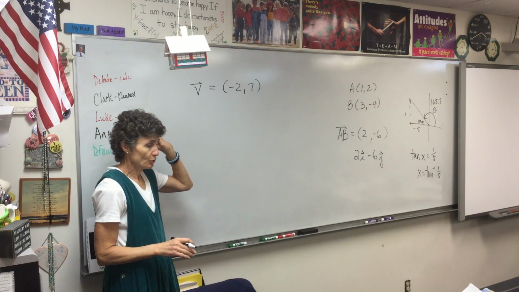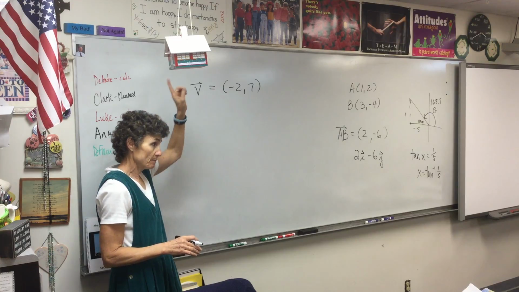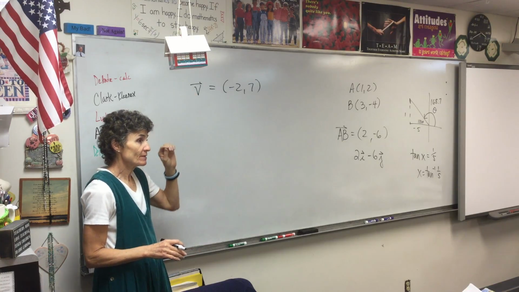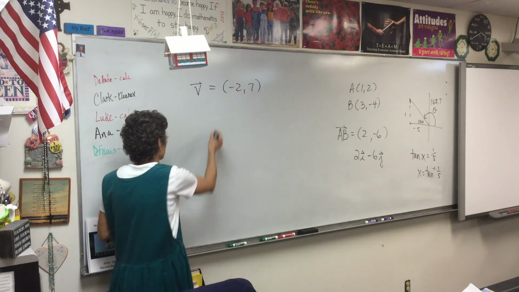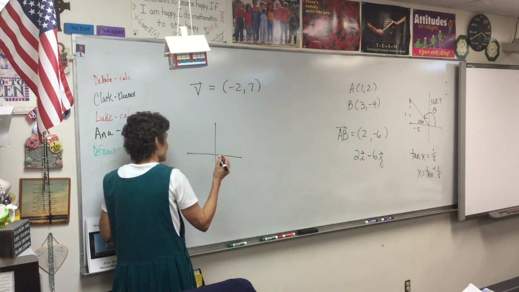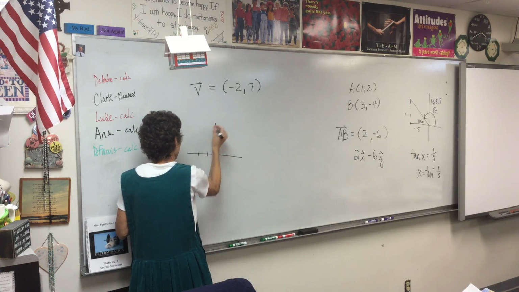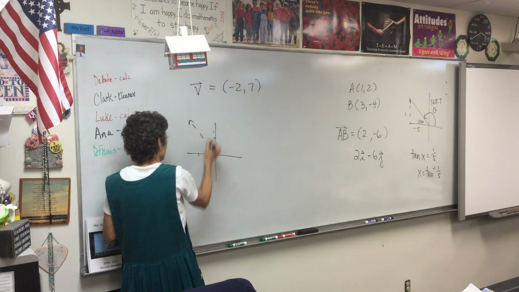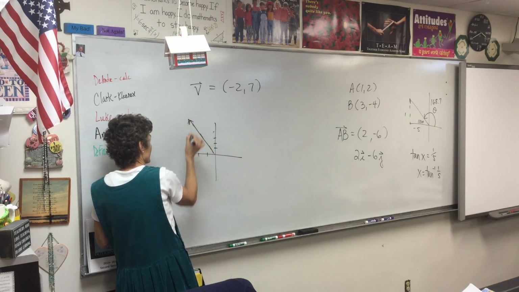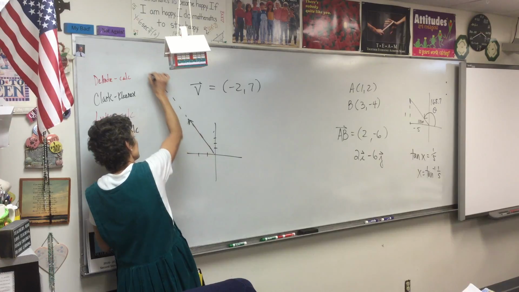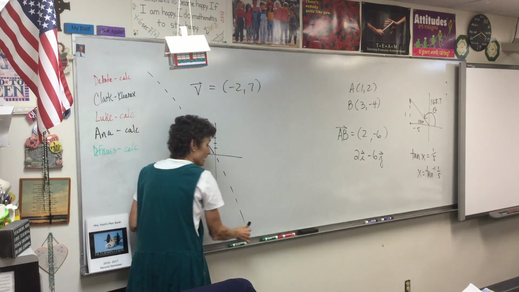Going left 2 and up 7? Can you think of another vector that would accomplish the same direction? It's going left 2 and up 7, so it looks like this. Can you think of another vector that might be doing the same thing?